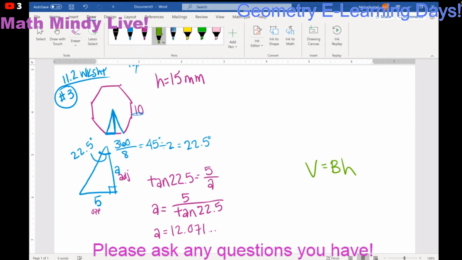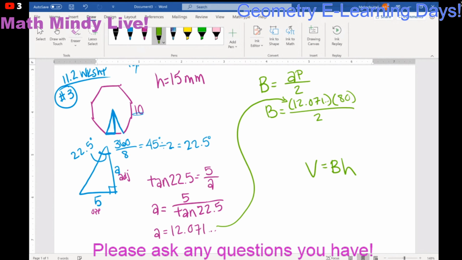Keep in mind when you're doing volume for this, it is your base area times your height. But in order to get your base area, you have to do your apothem times your perimeter divided by 2. So that would be 12.071 times the perimeter. 10 times 8 gives you a perimeter of 80, all divided by 2.